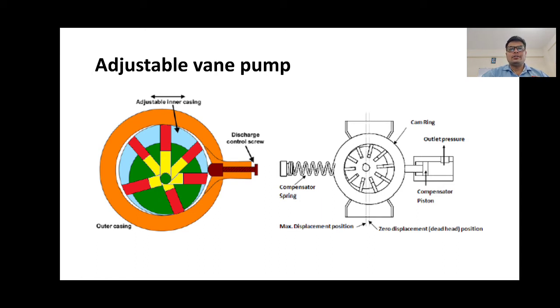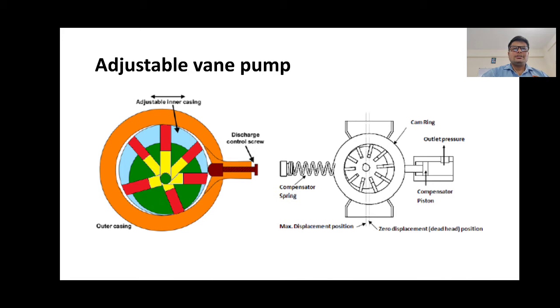Pumps are generally available with certain standard capacities, and the user has to choose the next available capacity of the pump. The flow rate from the pump in most hydraulic applications needs to vary as per the requirement. Therefore, some vane pumps are also available with adjustable capacities, which we can see in the figure.